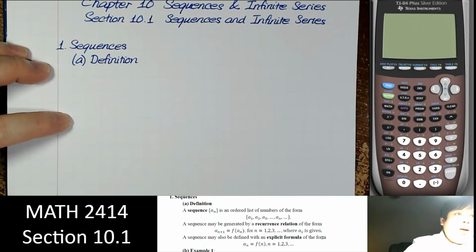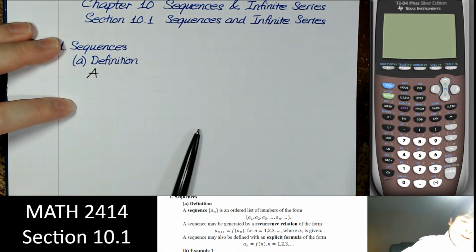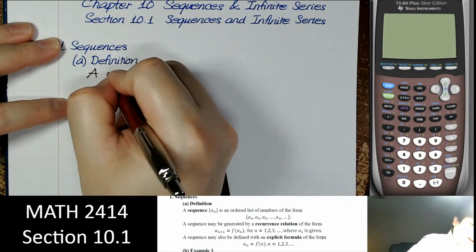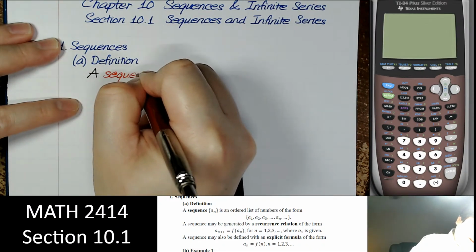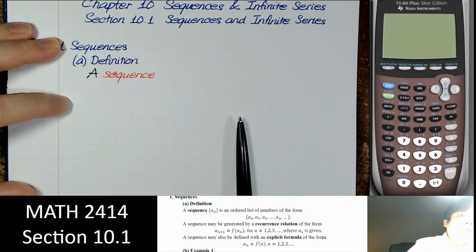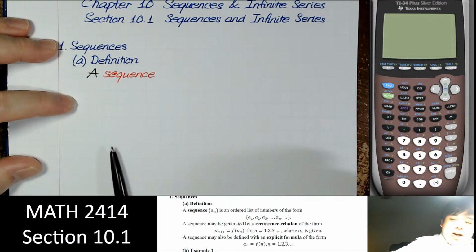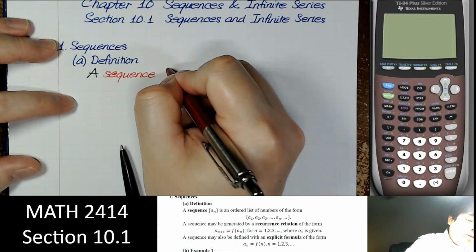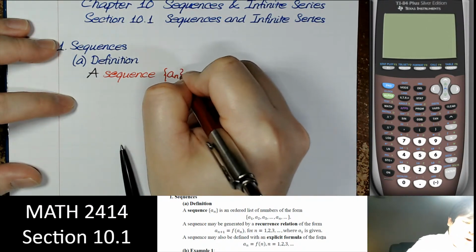Right. Let me write out the definition. Slightly different definition. In here, we define that as a list of numbers instead of a function of positive numbers.